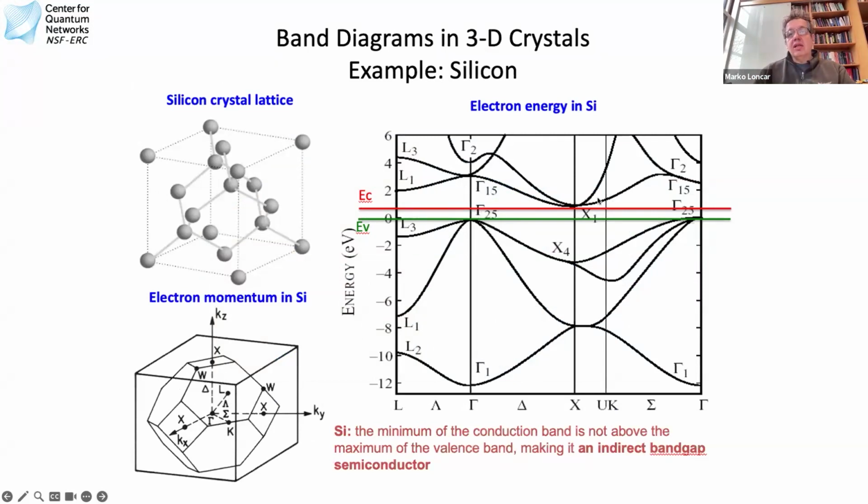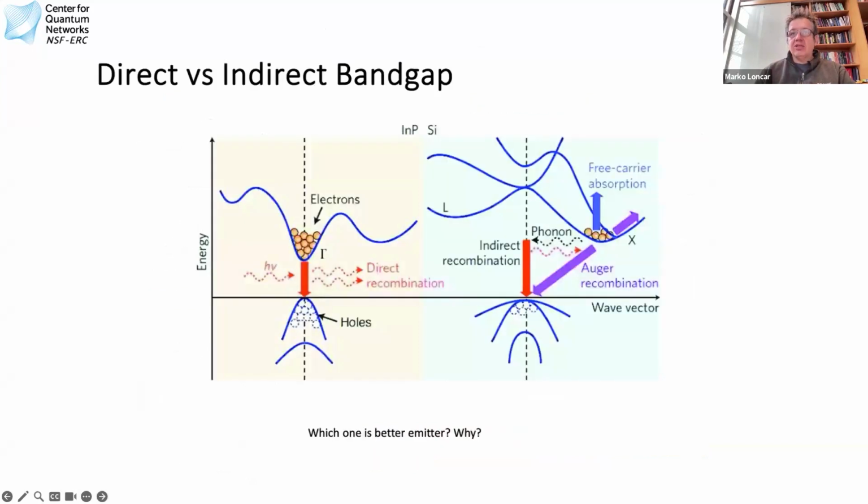Fortunately, there is a band gap in silicon, which means there's a range of energies where the electron cannot exist. If you operate in this wavelength range, silicon will not absorb, and silicon can be a very nice photonics material. This wavelength is on the order of 1.5 microns. However, if you want to emit light, silicon has a so-called indirect band gap, which means the lowest energy of the conduction band electrons is not centered in K-space, in wave vector.